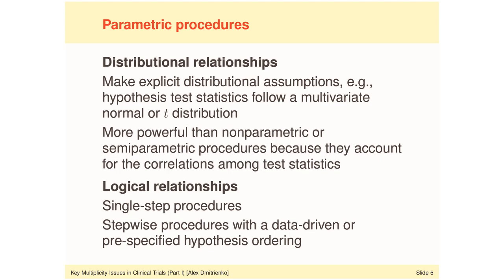This is an important conceptual difference, and as far as similarities are concerned, parametric procedures, just like non-parametric or semi-parametric, can be constructed using a single-step testing approach, which gives us single-step parametric procedures, and likewise, stepwise parametric procedures can be built for problems with a data-driven testing sequence or a pre-specified testing sequence.